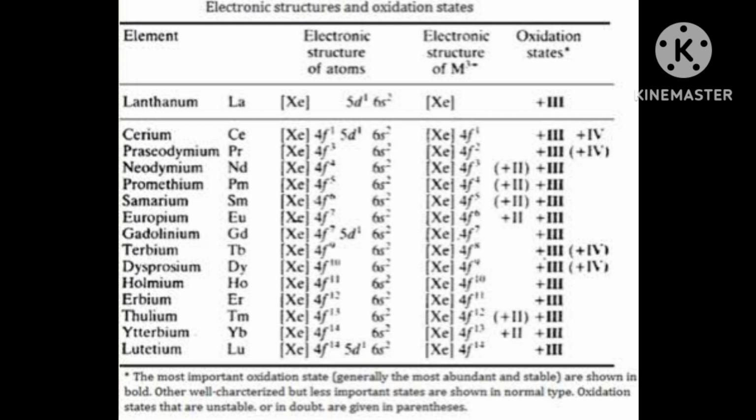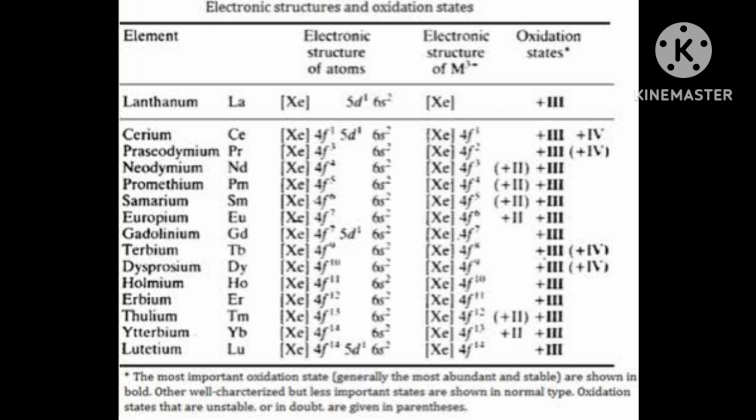Pr, Nd, Tb, and Dy, praseodymium, neodymium, terbium, dysprosium also exhibit plus 4 state, but only in oxides. Okay, MO2, M means metal, oxide I am talking about, MO2.